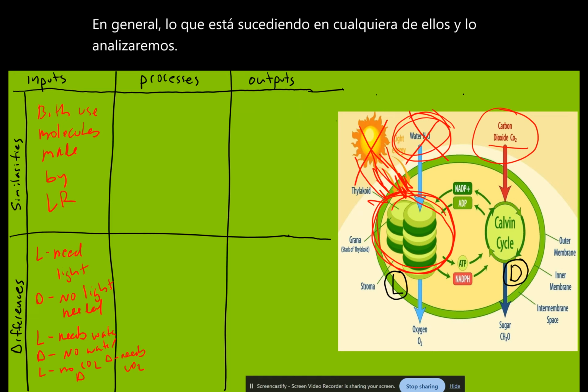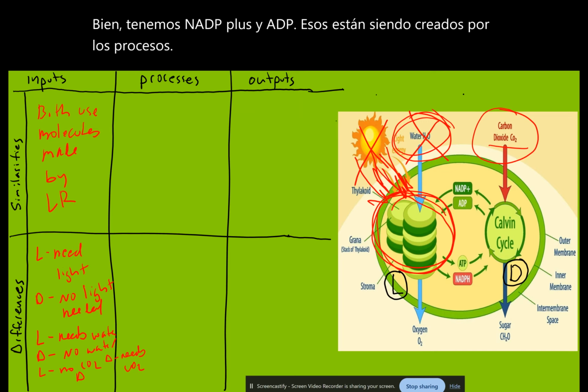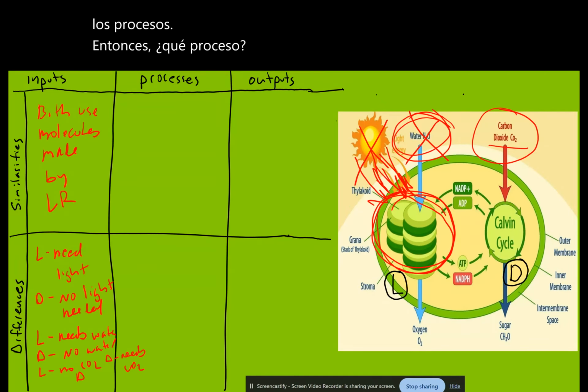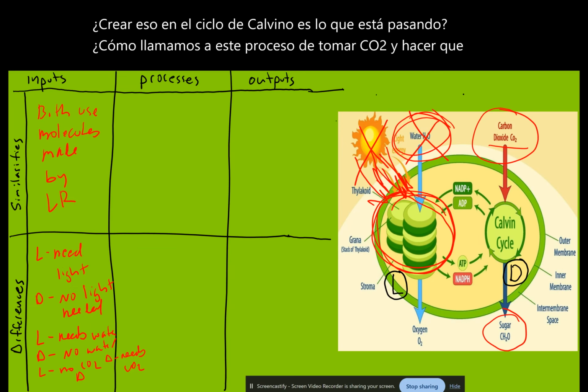Okay, so we got NADP+ and ADP. Those are being created by the processes. So what process is creating that in the Calvin cycle? What's happening? Like, what do we call this process of taking CO2 and making sugar? You remember? That's on your poster that we did.